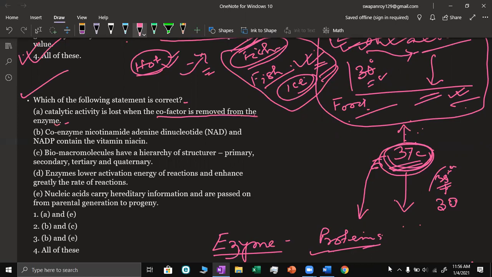Now our question is: catalytic activity is lost when the cofactor is removed from the enzyme. As I told, the cofactor is very, very crucial, and with its removal the activity is lost, so this one is true. Next: the coenzymes nicotinamide adenine dinucleotide, NAD, and NADP contain the vitamin niacin. This is also true.